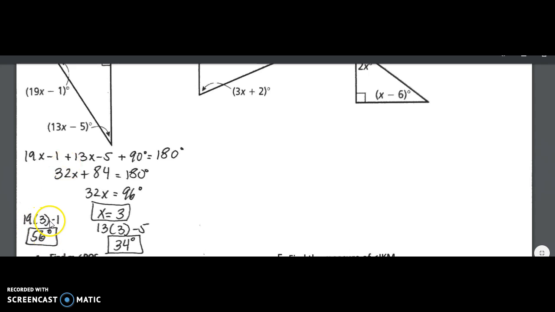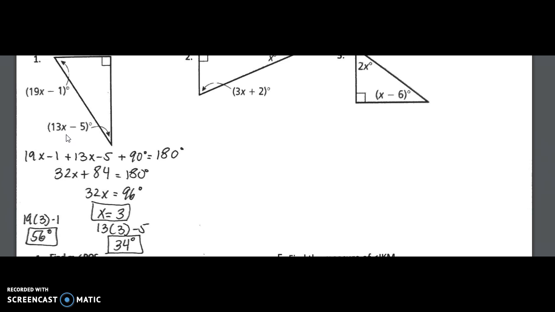I take 3 and plug it in for x in 19 times x minus 1, which is 19 times 3 minus 1. 19 times 3 is 57, minus 1 is 56 degrees. I do the same thing here for the other acute angle, 13x minus 5. So I have 13 times 3 minus 5. That's going to give you 39 minus 5, which is 34 degrees.